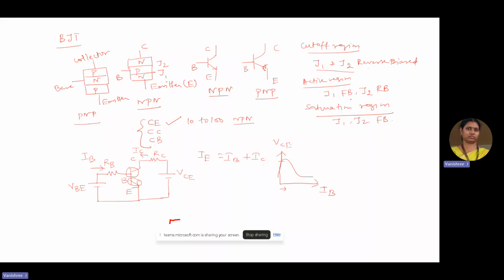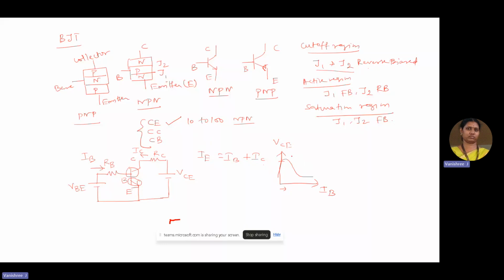and it doesn't reach the collector. So now in the saturation region, the applied voltage VBE is sufficient and VCE is very much lesser, so that both the junctions are forward biased, due to which there is a steep rise in the output current, which is the collector current.